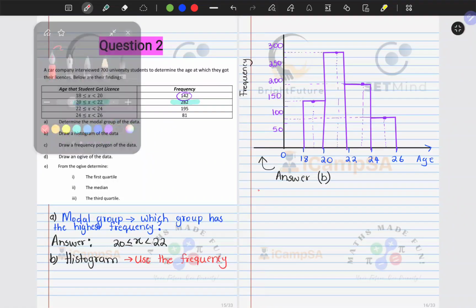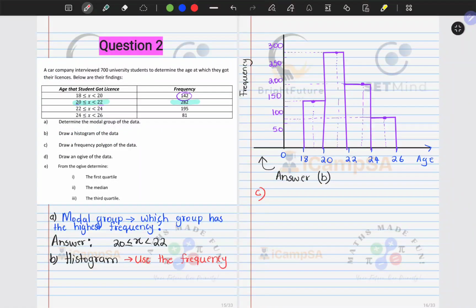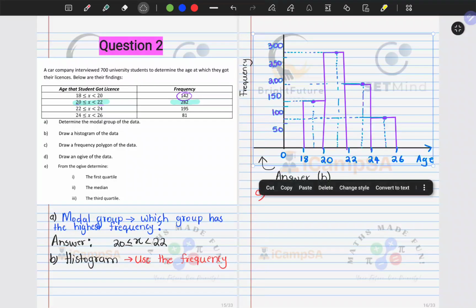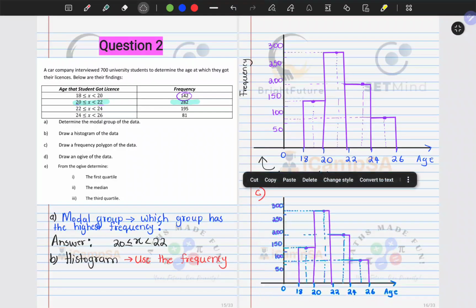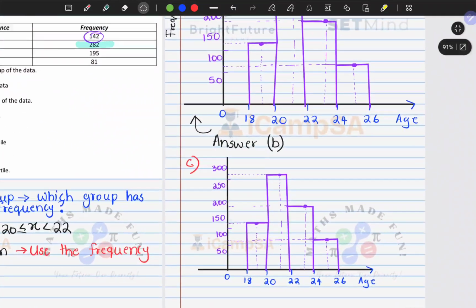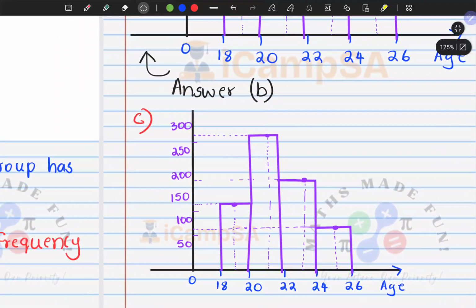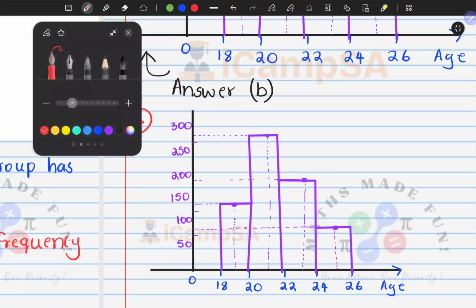Now we're looking at question number 6. So I'm just going to draw a line. So all what I need to do is to just connect all of these using a line. That's it. It's nothing deep. So let's go ahead and do that.